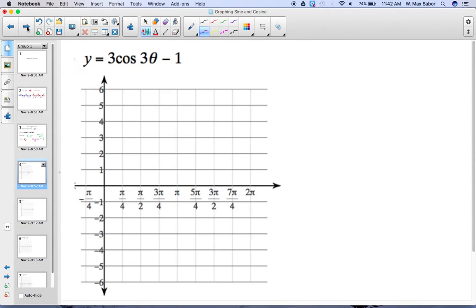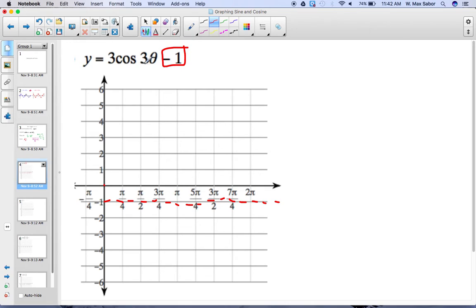So, what does this look like? Practicing this idea. First thing I look at is we have an equilibrium line at negative 1, so this is going to be my new equilibrium line. I notice that we have no shift horizontally, so because it's cosine, it will start at a maximum at x equals 0.